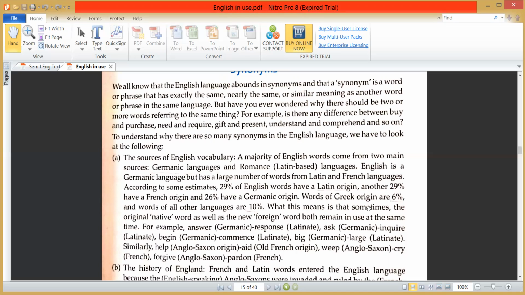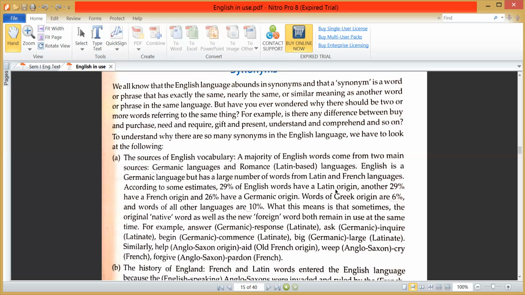So here we can see words like, when we look at these examples mentioned here: answer in Germanic would be response in Latinate. Ask would be inquire. Begin would be to commence. Big is large.